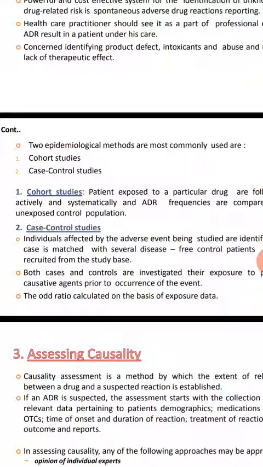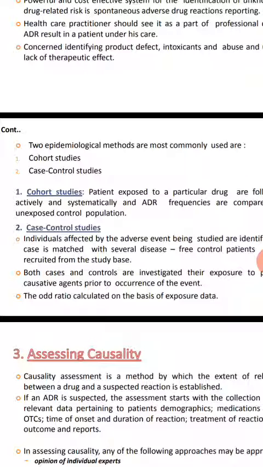Okay, these two epidemiological studies: after knowing the ADR risk during spontaneous adverse drug reaction reporting, the ADR is going to be studied again in the population in order to confirm the relationship between the drug and its ADR.